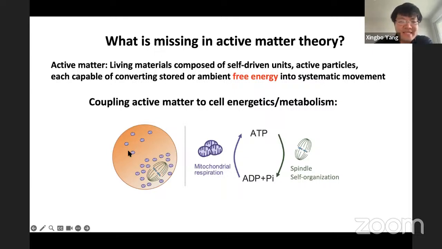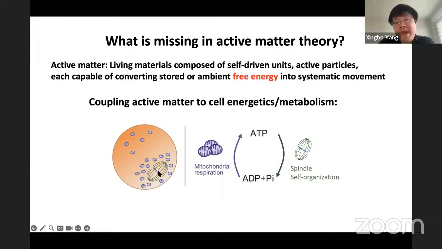For example, if we look at a cell, I'm showing a schematic of an oocyte or an egg, which is going to be a very important organism throughout these talks. This is also the system we are studying.